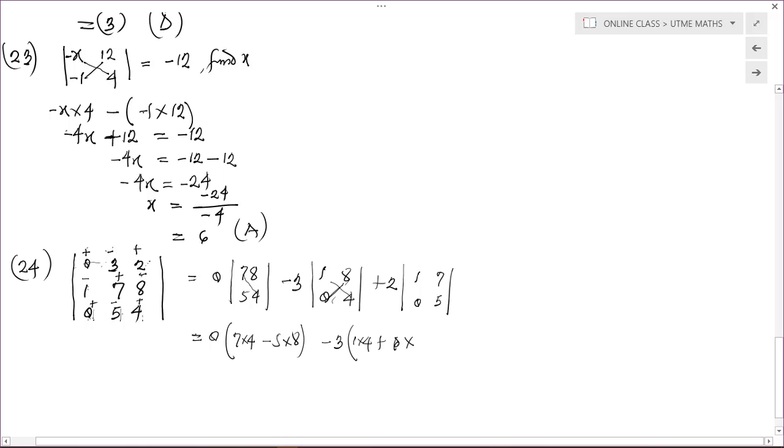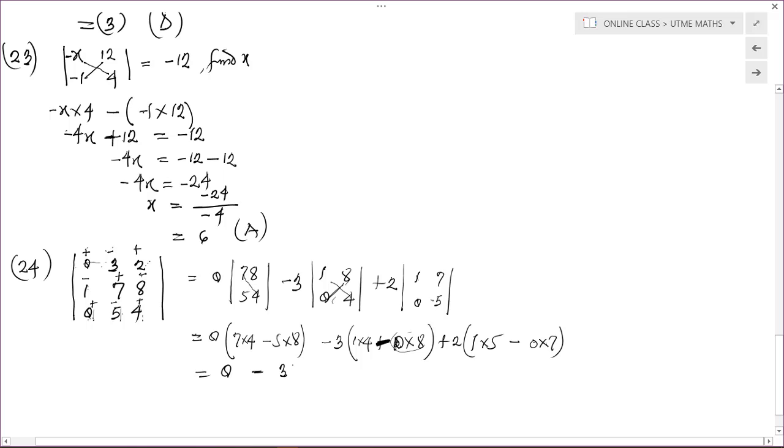Then we have plus 2 in brackets, 1 times 5. Then we have minus, oh, sorry, it should be minus, not plus, minus 0 times 7. So here the 0 together with minus 3 is going to give you 0 for sure.